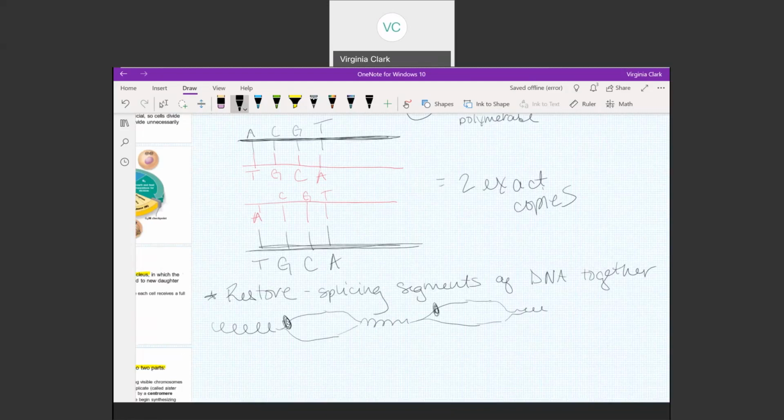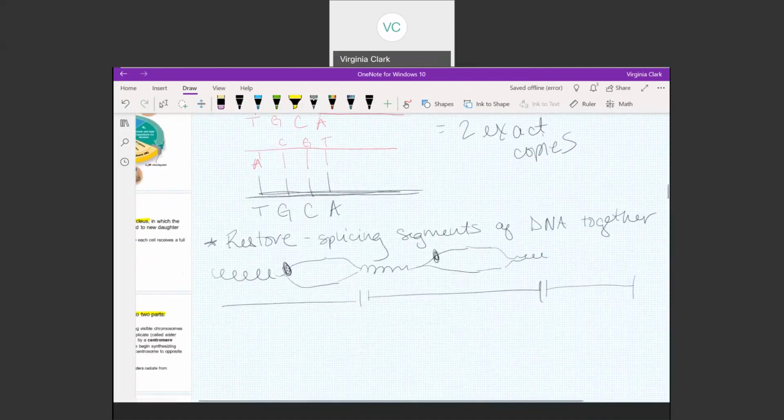So you have to essentially take this piece and splice it together with this piece. You can have multiple places on the DNA going through this process of replication, and then you essentially have to cut and copy and paste it together, kind of like you do with a video. So that's what's happening in that last part to really wrap it up.